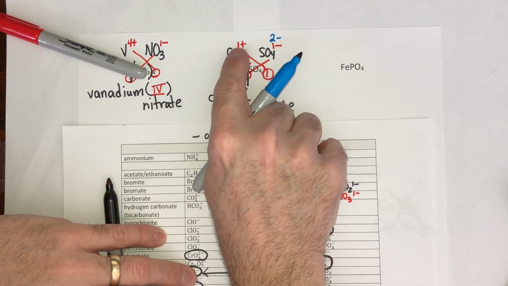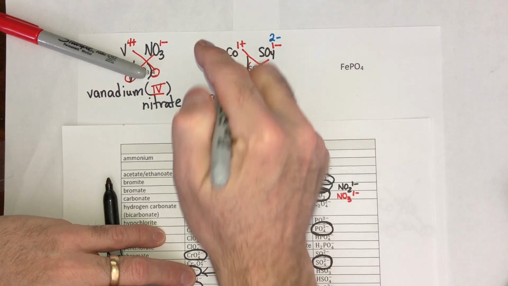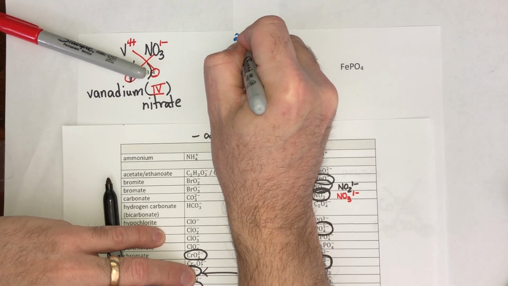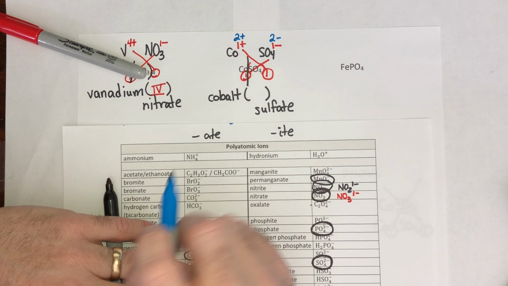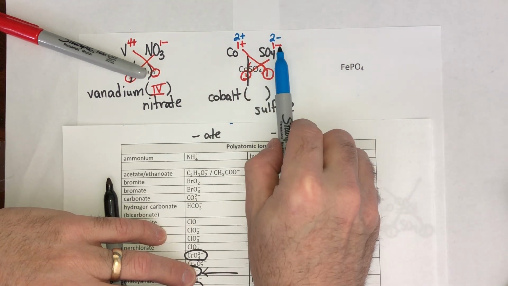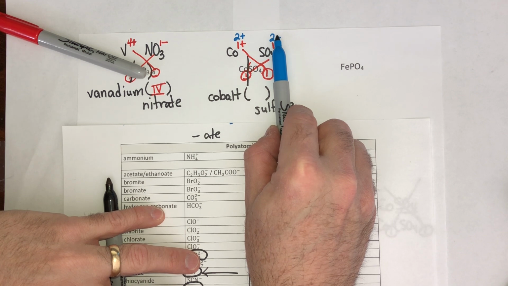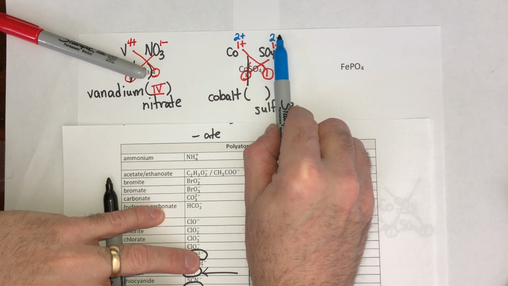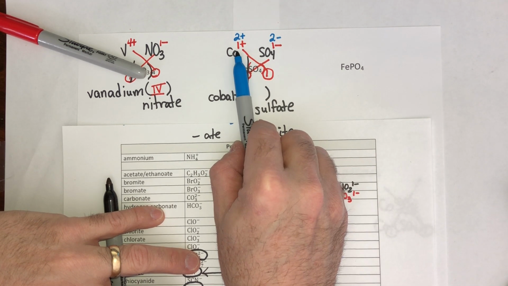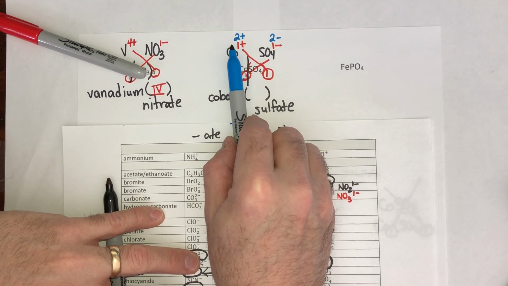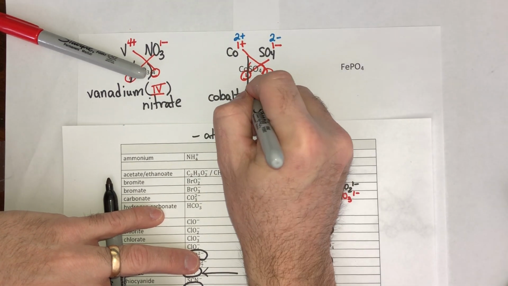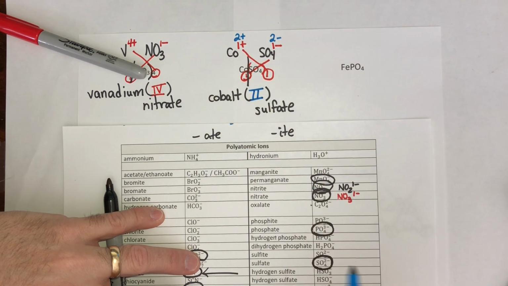It was originally not 1-to-1. It was originally a 2-to-2, right? Because the charge on a sulfate is not actually -1. It's twice as much, -2. So if its charge is -2, that means the cobalt has to be twice as much as well, so it'll be a +2. So this is going to be a cobalt 2.